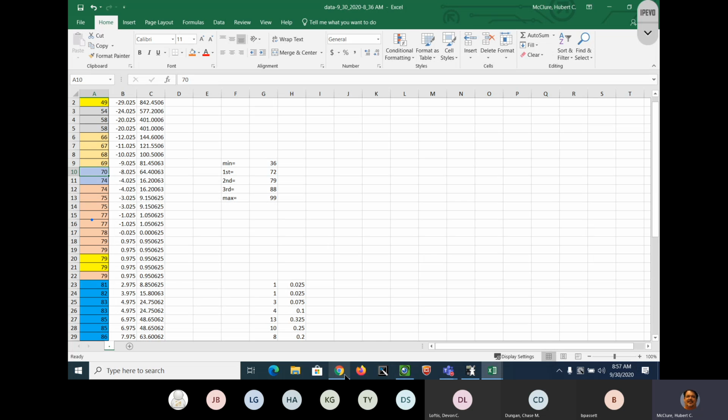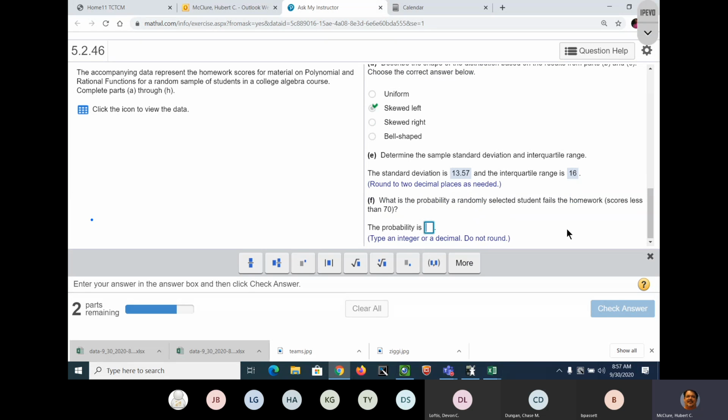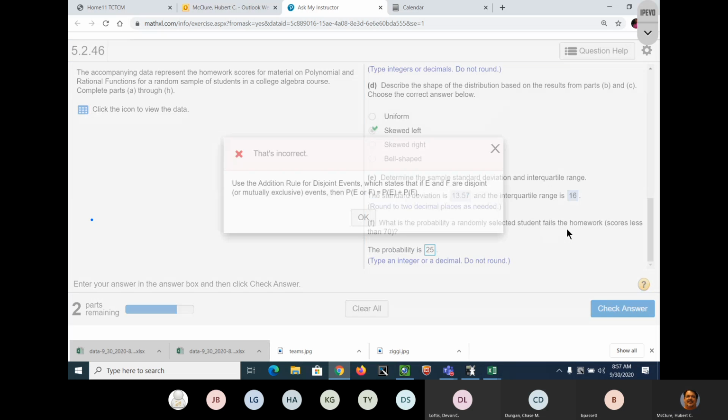What does the question say again? Because it's kind of vague. What is the probability of a randomly selected student fails homework, scores less than 70? I would say 25%. Use the addition. Oh, I forgot we were doing the addition rule. Okay.